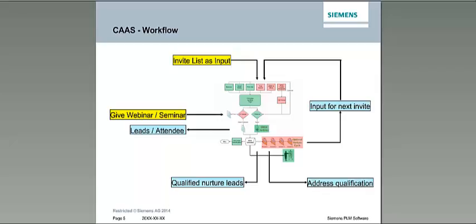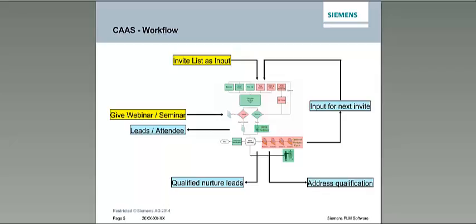And everything from here can now be used as an input for the next invite. Because if you're running the same webinar again with people who haven't attended, you can use these guys from here and put them back into it, and the only thing we have to change as a service is the date of your webinar.